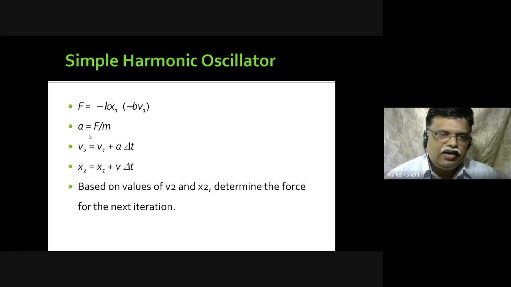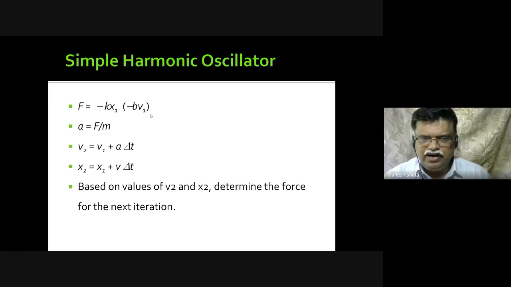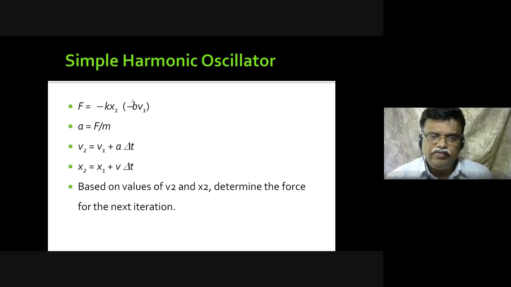Based on that, you will calculate the acceleration, and based on acceleration, you will calculate the v3 value. So v3 will be v2 plus a into delta t, and x3 will be x2 plus v into delta t, and so on. Again, based on this v3 and x3, you can calculate the acceleration for the next iteration. So acceleration is going to be dependent on position as well as velocity, if there is a damping force.